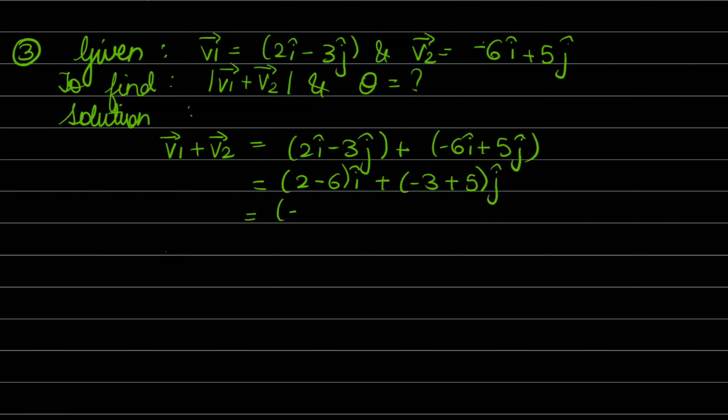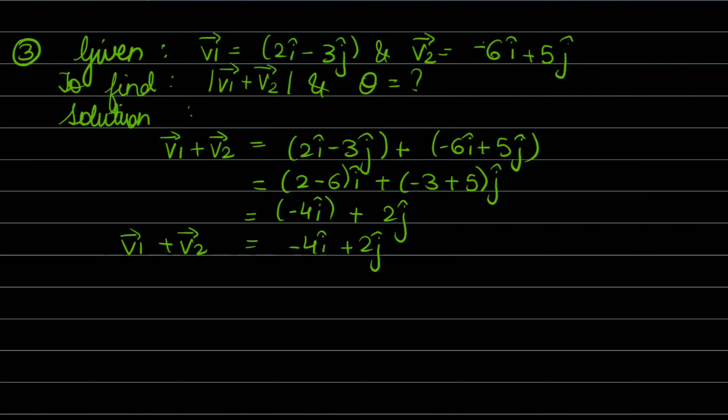So we get minus 4 i cap plus 2 j cap. This is our final value for the v1 vector plus v2 vector.